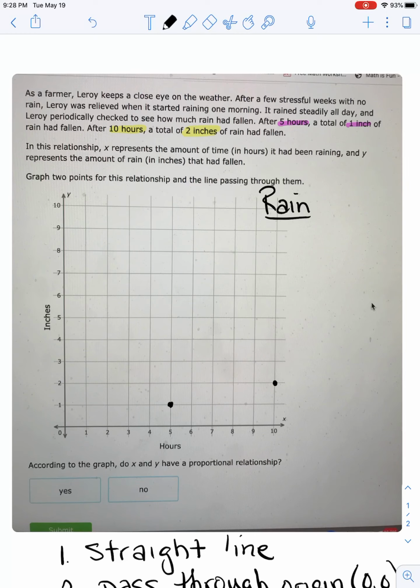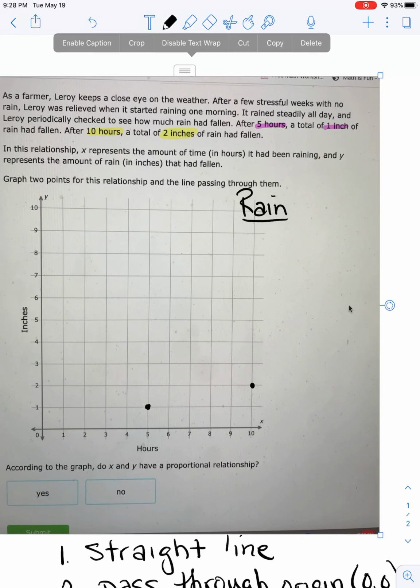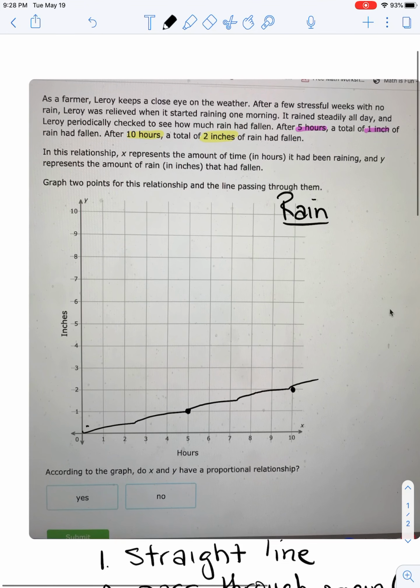Now, the question is, is that a proportion? Well, in order to see if it is, I'm going to have to connect the points. That's pretty pathetic.